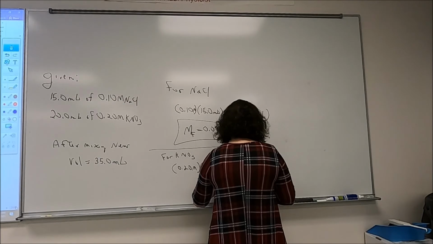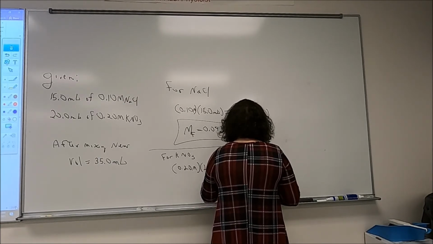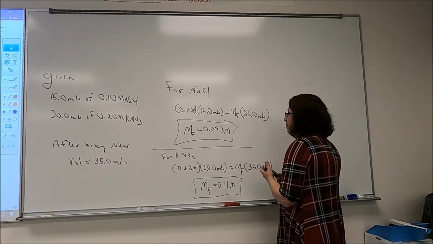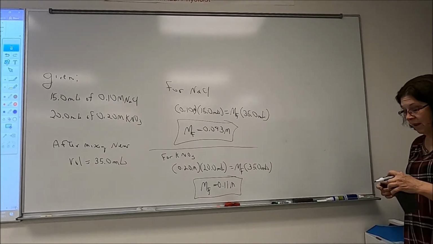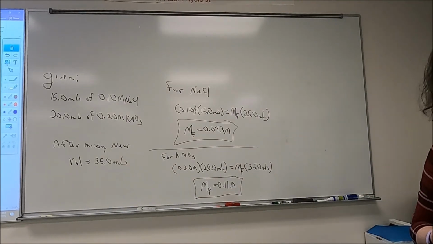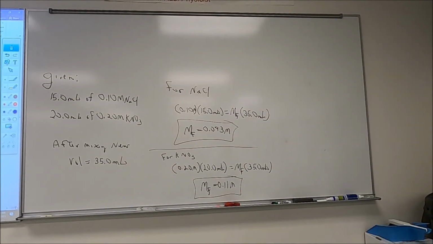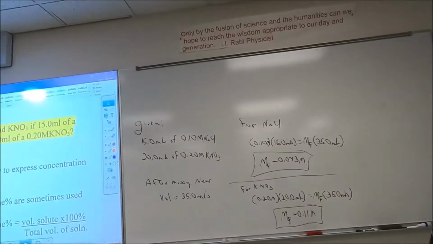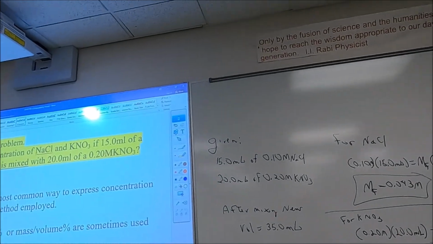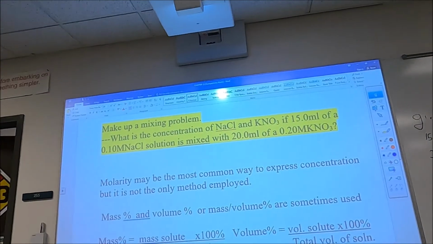Molarity final here is 0.11 molar. Okay? Now that's the kind of problem and that's the kind of situation you're going to see in lab. All right, now let's slide back over.